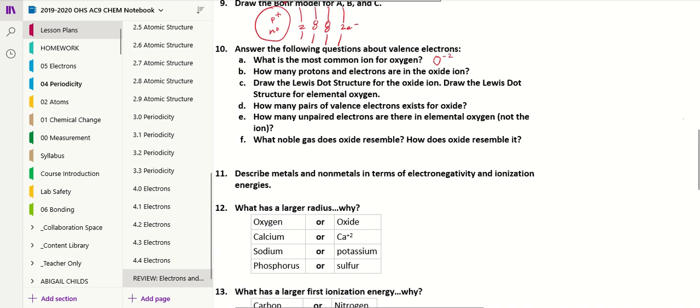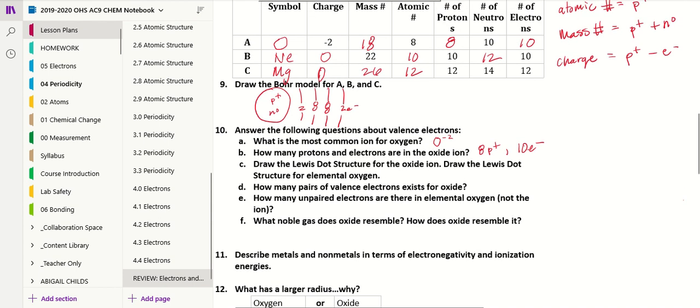How many protons and electrons are in the oxide ion? Well, if I have 8 protons, how many electrons must I have? 10. If I have a negative 2 charge, 8 minus what equals negative 2? We actually just did this problem up in this table, right?